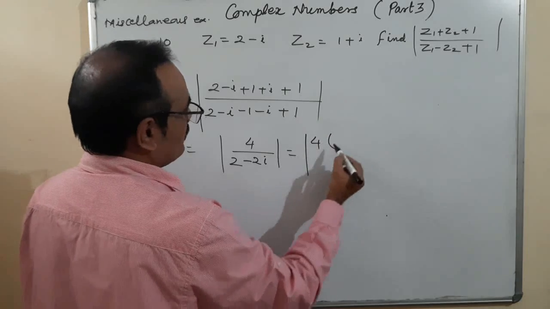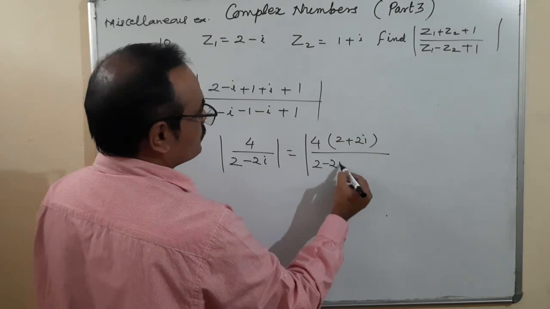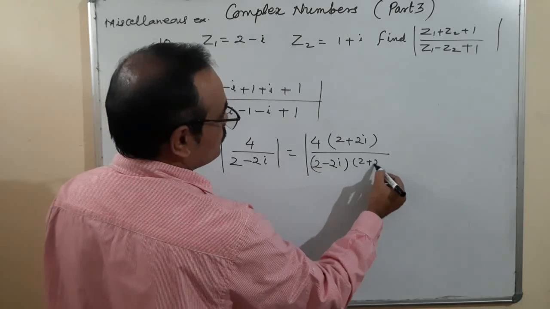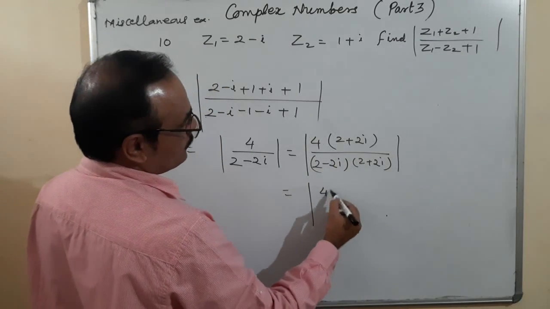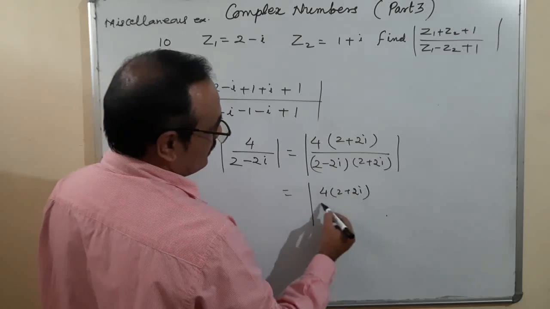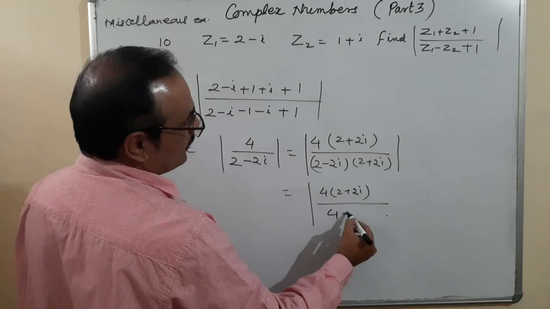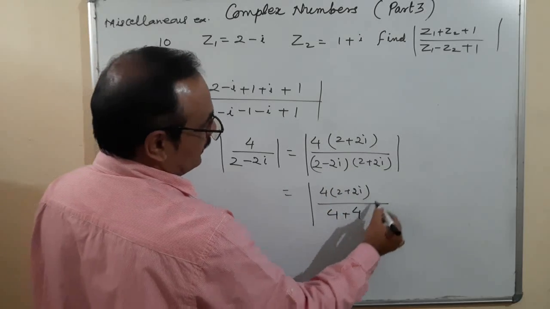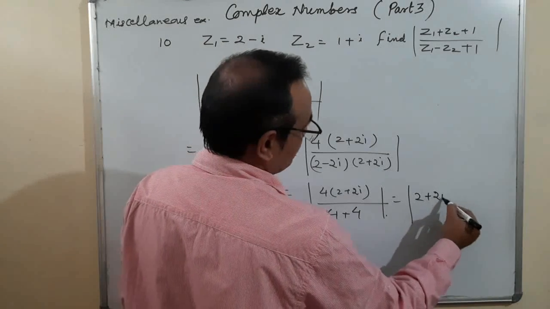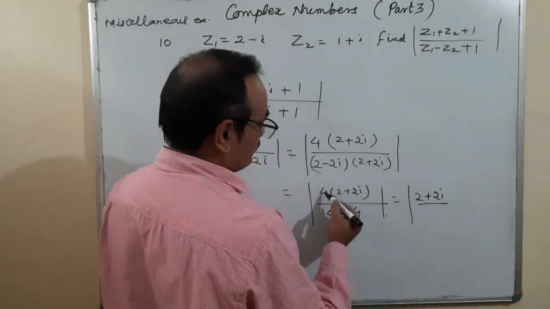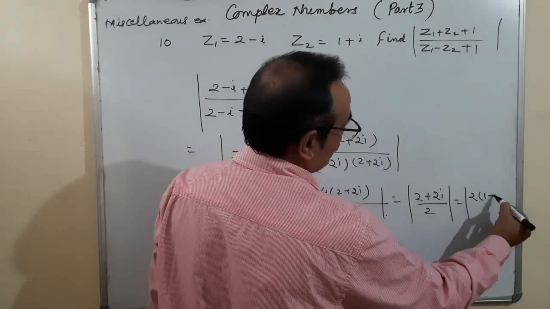Now rationalize by the denominator inside the modulus: 4 times (2 plus 2i) upon (2 minus 2i)(2 plus 2i). This is a minus b, a plus b, which is a square minus b square: 4 plus 4, which is 8. So 4 times (2 plus 2i) upon 8 gives, after cancelling, 1 plus i.